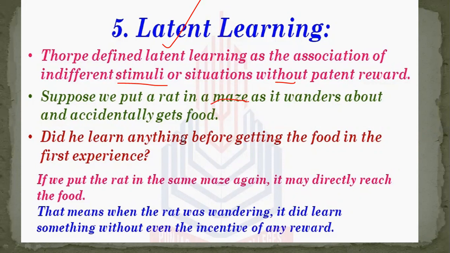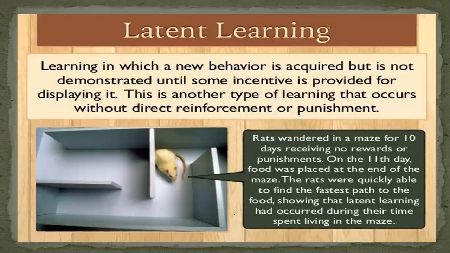In the maze, he put a rat, and the rat was wandering to escape from the maze. When he succeeded in escaping, at the end he got the reward. What reward? He got the food.